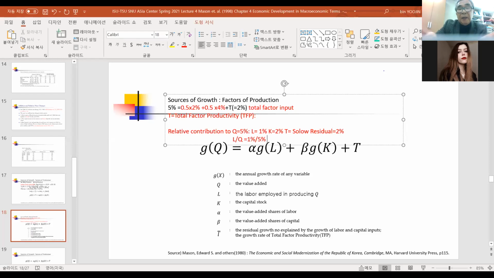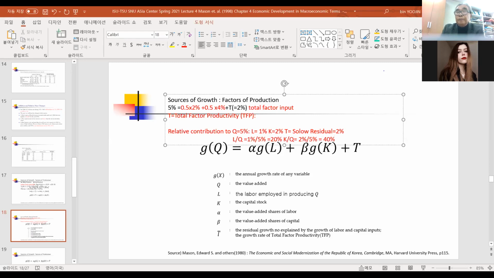So we say that labor contributed 20% to the Soviet economy's GDP. This is relative contribution. How about capital divided by Q? So you get 2% divided by 5%. So you end up with, okay, a relative contribution of 40%.